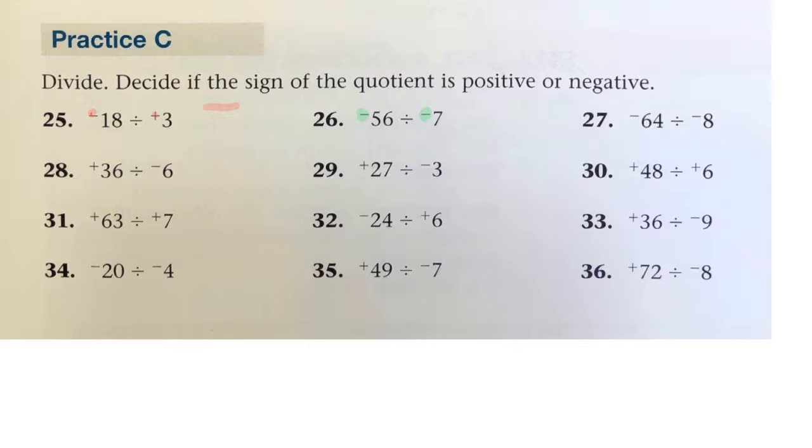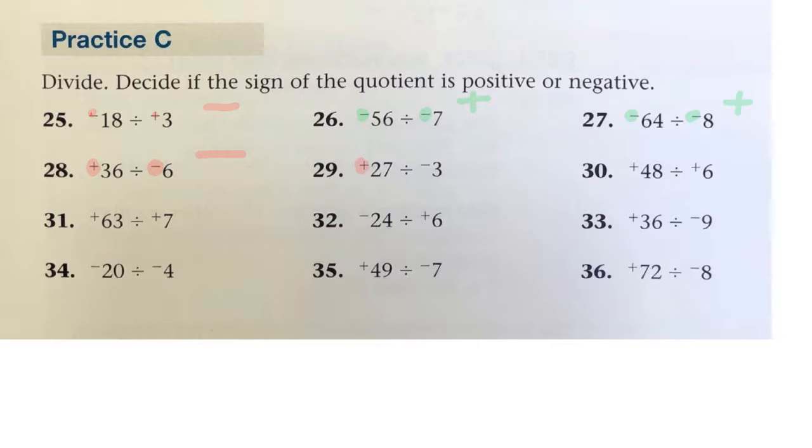Negative and negative is going to give us an answer that is positive. The signs are the same, the answer will be positive. If the signs are different, the answer will be negative.